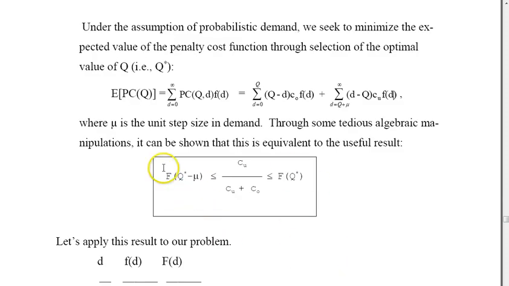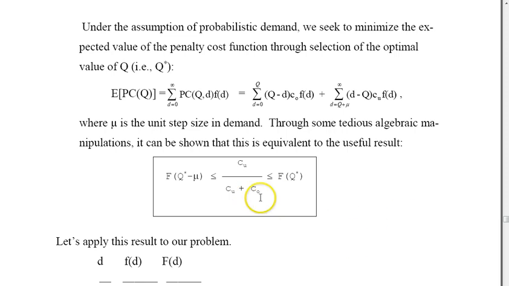I'll end up with this relationship, which basically says I compute the cost of understocking divided by the cost of understocking plus the cost of overstocking, get a ratio, and that turns out to be greater than F at Q star minus 1, but less than F at Q star, using the cumulative distribution.